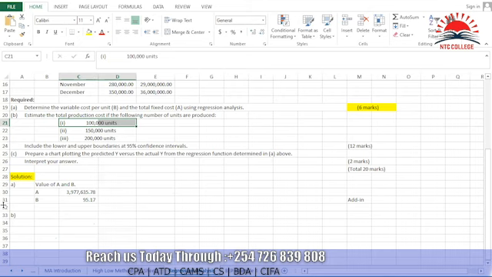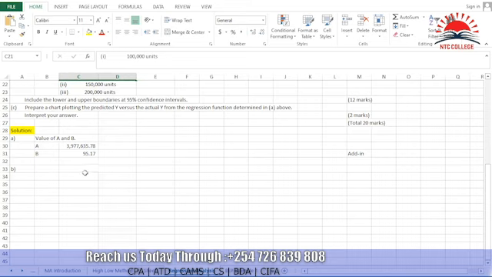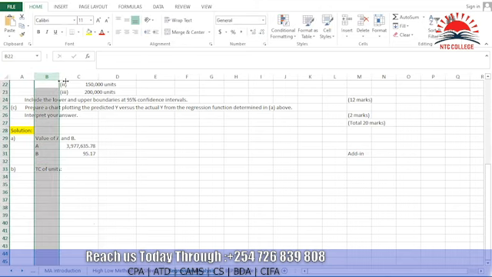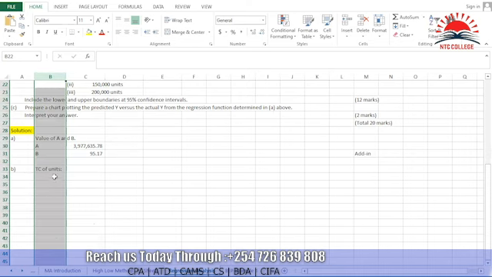Now this is what I want us to do. For part B, we are looking for the total cost of units. I will have a space for narration.